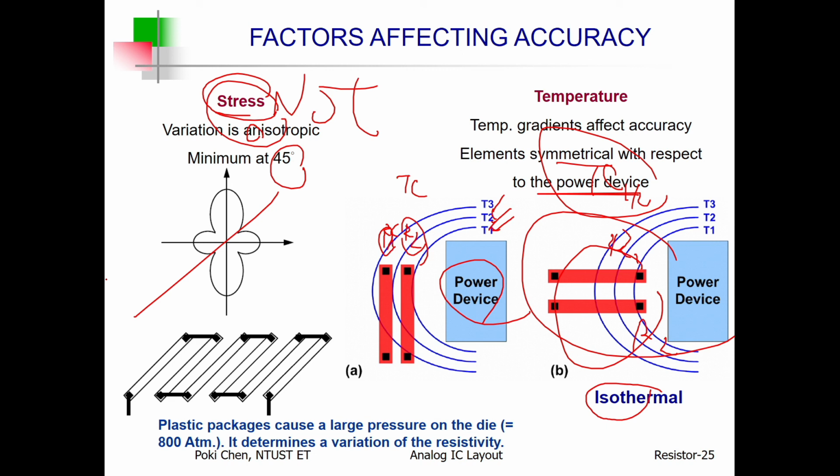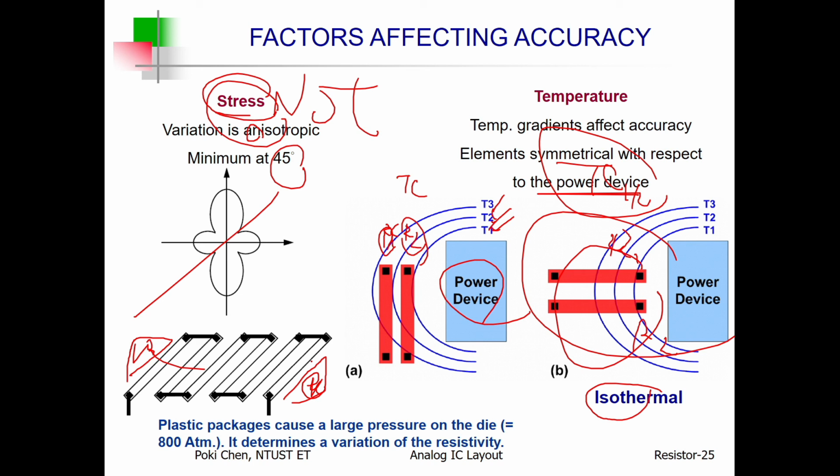But again, it is troublesome for your layout because usually this area and that area will be wasted. I don't think you will have the other device layout here or there. So those two areas will be simply wasted.